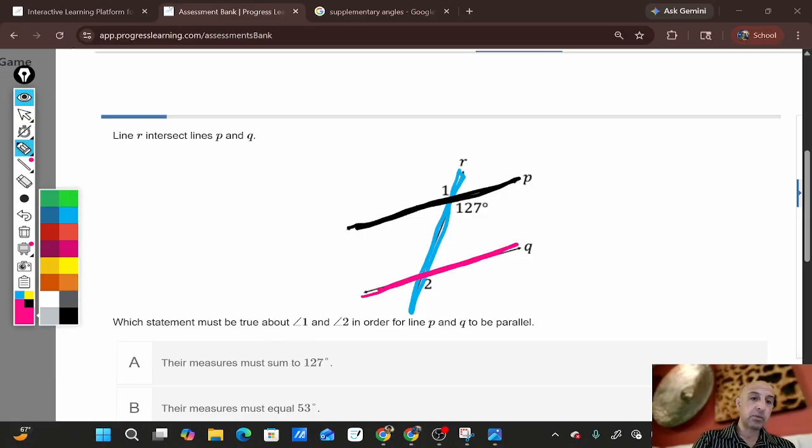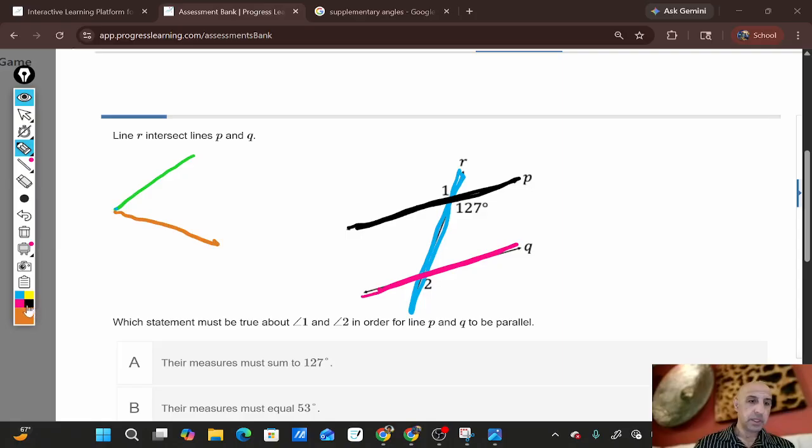So for angle 1, the angle in general, we have one line, and let us take another color, another line, and the angle is something like between the two lines, for example the green one and the orange one.